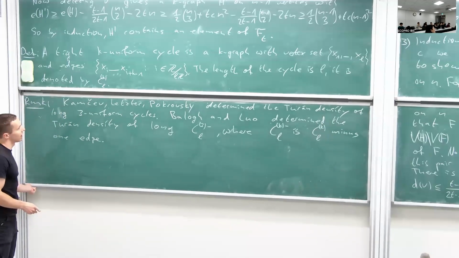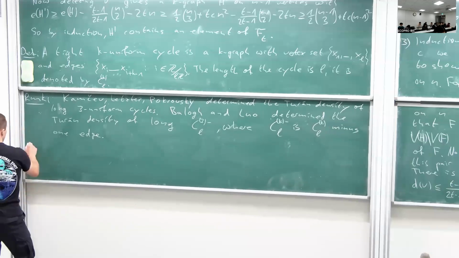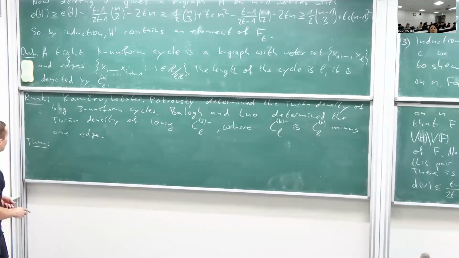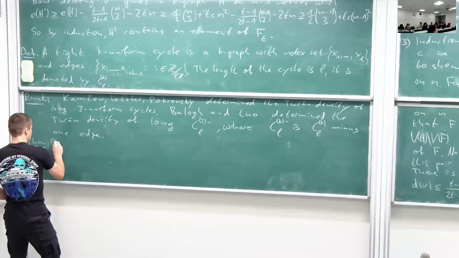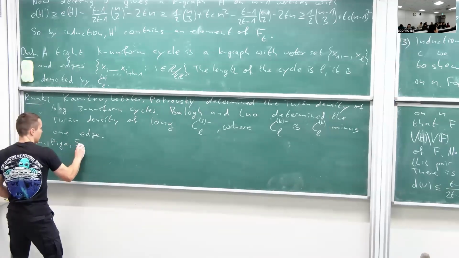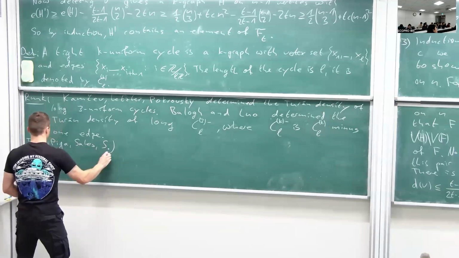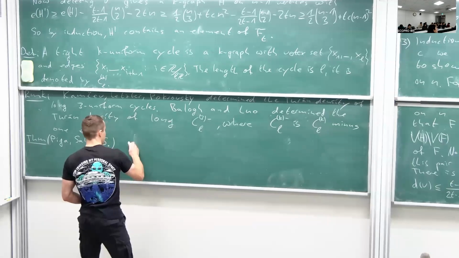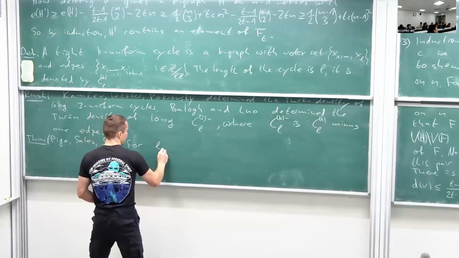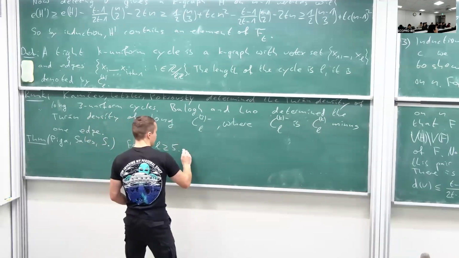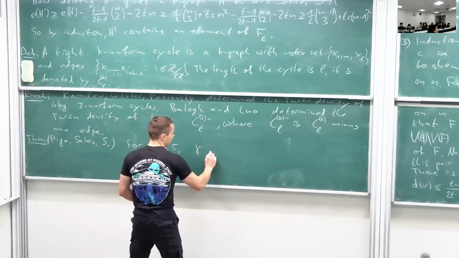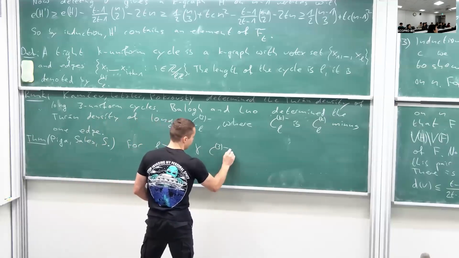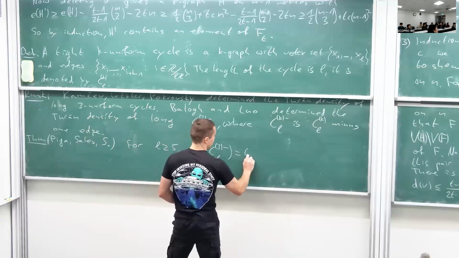So a short result that I can show now is a codegree version of this. This is due to Giga, where we showed that for L is 5, the codegree Turán density of the uniform type cycles minus an edge is 0.